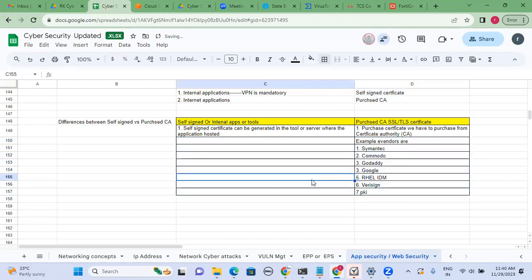After purchasing, who will deploy this certificate on the server where the application is hosted? Will security deploy or someone else? Either the server team or the application development team. What is our role?